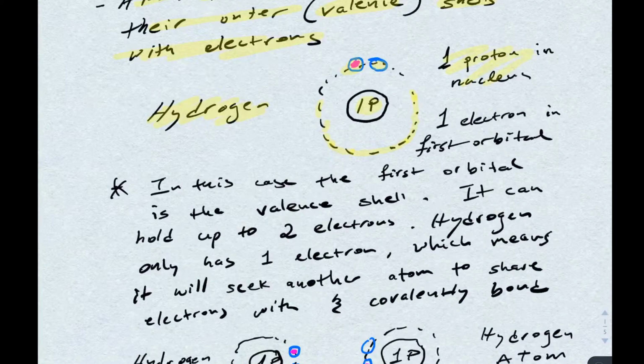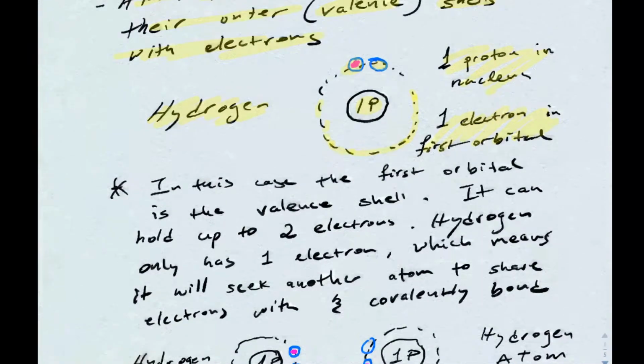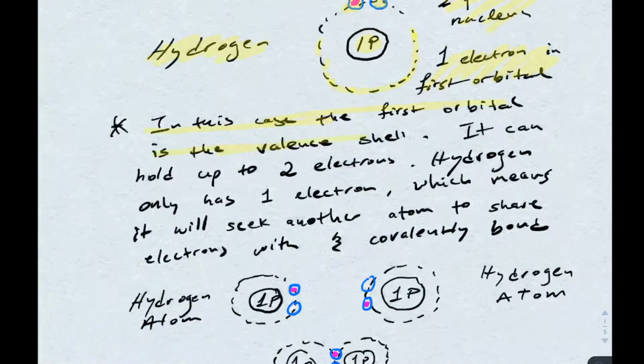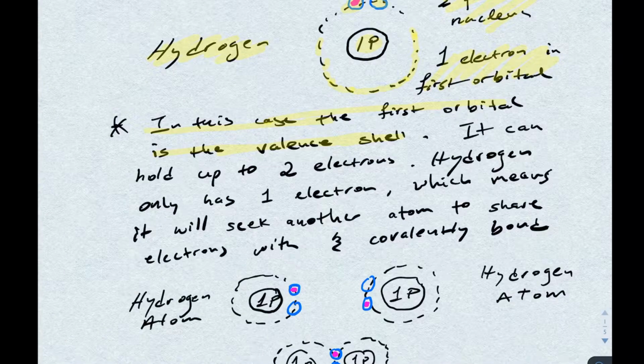So again, we have 1 proton in the nucleus, 1 electron in the first orbital. In this case, the first orbital is the valence shell because it is the outermost shell. It can hold up to 2 electrons. Hydrogen only has 1 electron.